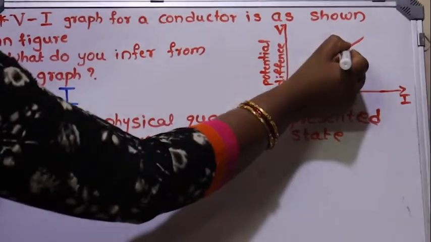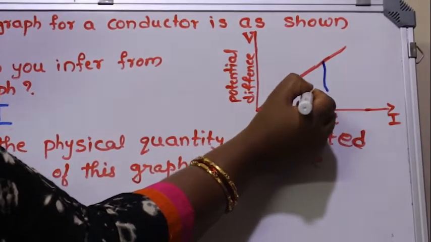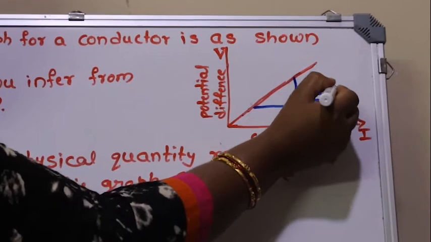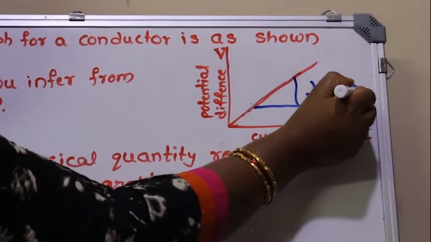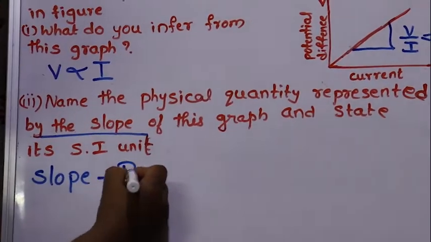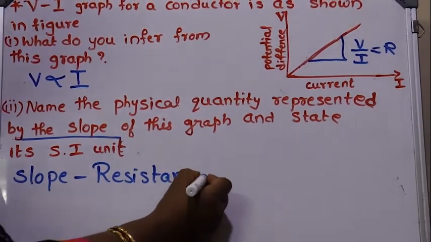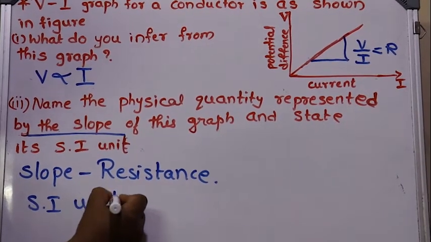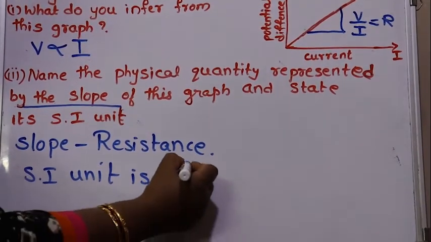If we take the slope of this graph, this shows V divided by I and it is nothing but R. Slope is resistance. Its SI unit is ohm.